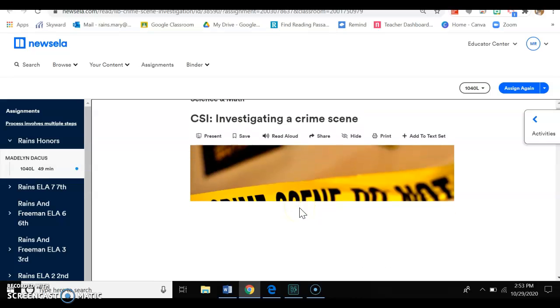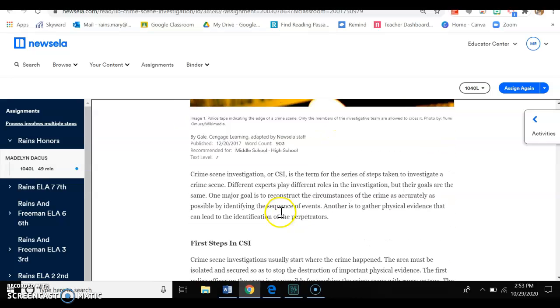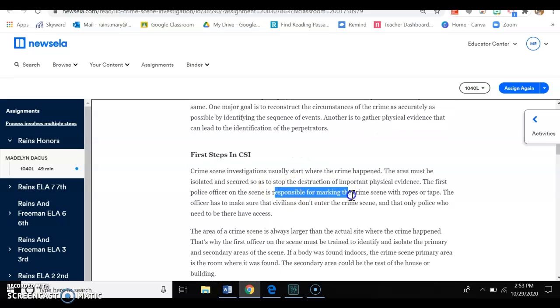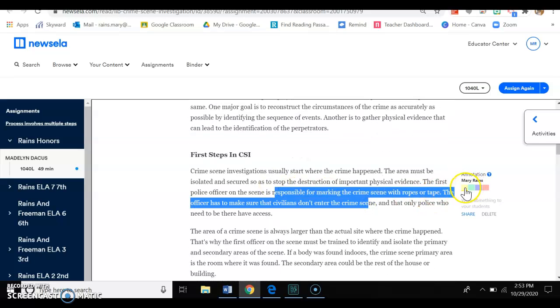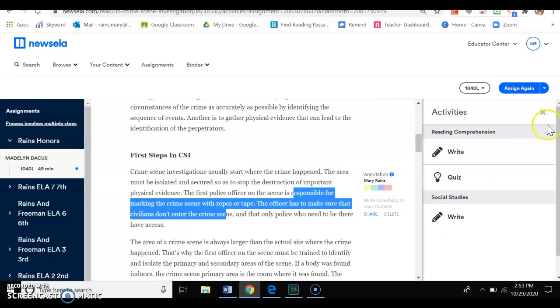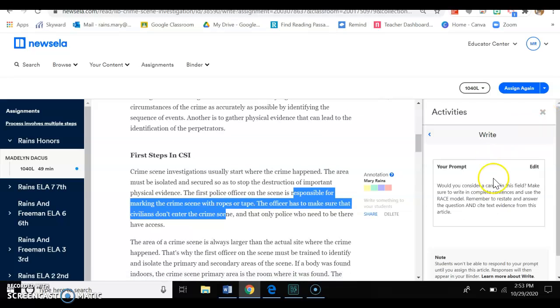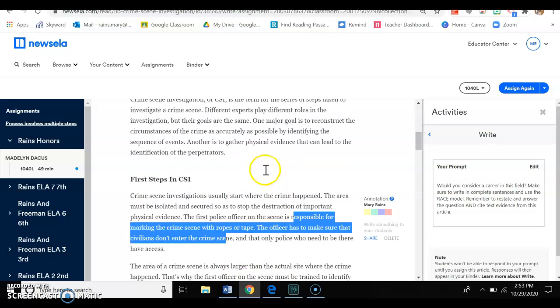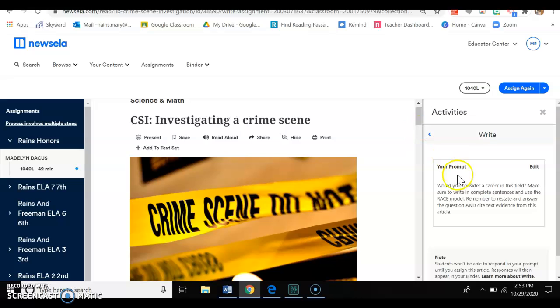So as you're reading through about CSI investigating a crime scene, you're actually going through and highlighting just like I did, maybe making an annotation because you guys have an option to annotate, maybe pulling them into the actual writing box prompt itself. So you're putting it over here. Maybe you have another separate sheet of paper or you have another document that you're copying and pasting that into, but you're collecting evidence as you go along and read this to answer the question. And the question is, again, would you consider a career in this field?